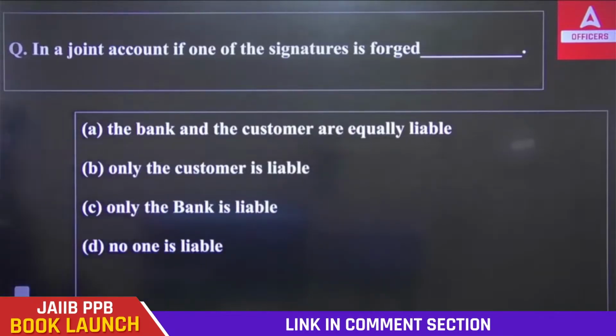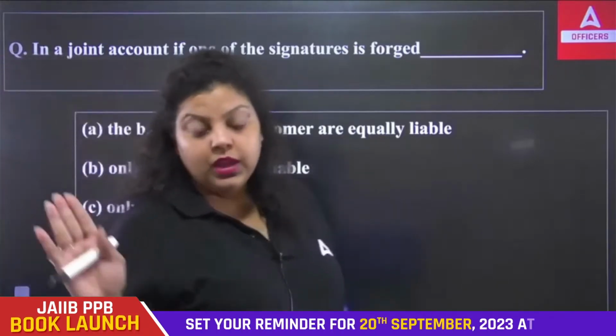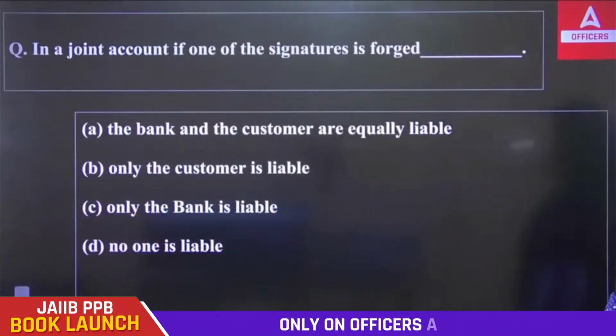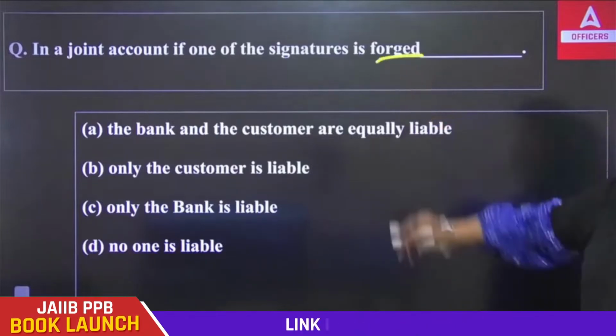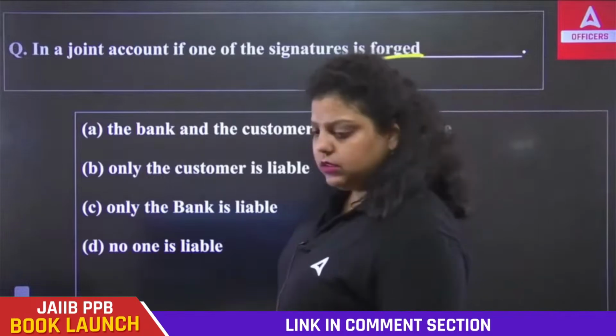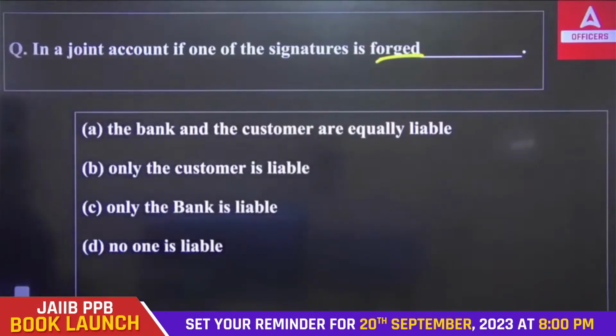So what do you think, in a joint account if one of the signatures is forged, it will be the liability of whom? The customer, or both, or only the bank, or no one is liable?